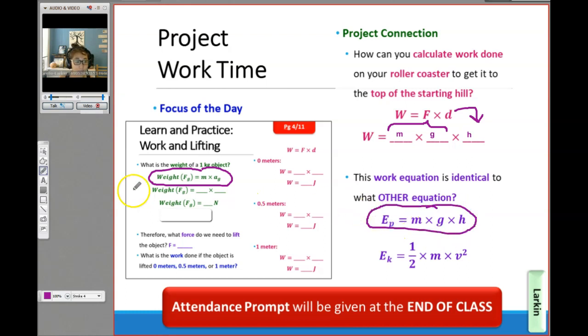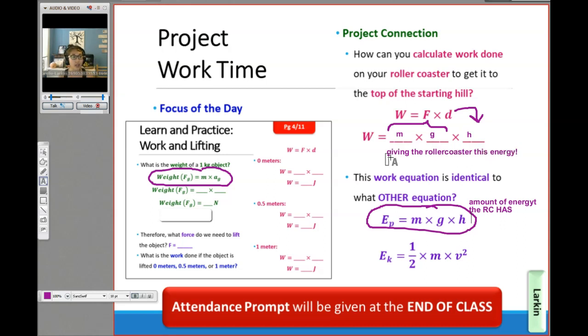And this should make sense because at the top of the hill, the potential energy is the amount of energy the roller coaster has. Whereas the work is putting in that amount of energy to give the roller coaster that energy. So work is giving the roller coaster this energy.